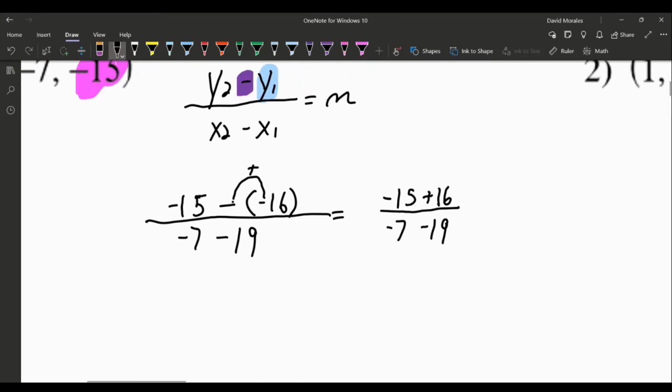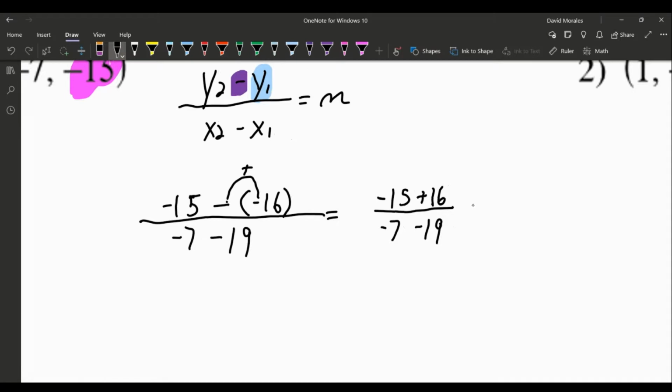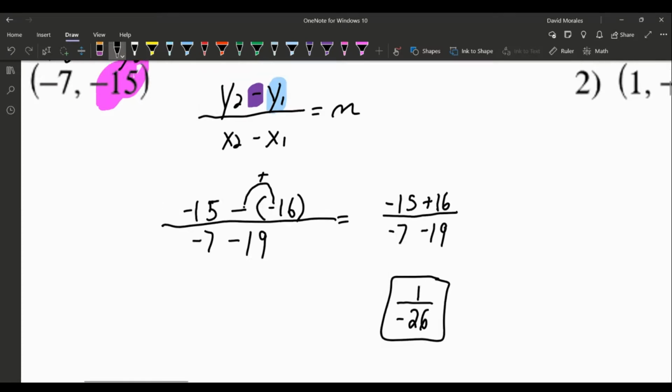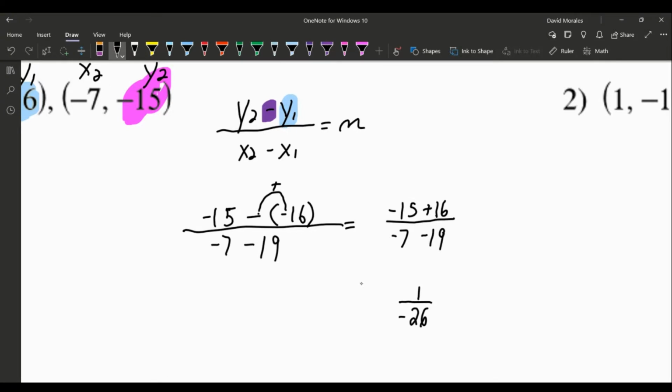So I didn't add the bottom just yet. But what is negative 15 plus 16? Negative 15 plus 16 is 1. And then negative 7 minus 19 is negative 26. And that is my slope. Okay. So you can officially write m. This is how you write your answer. M equals 1 over negative 26.